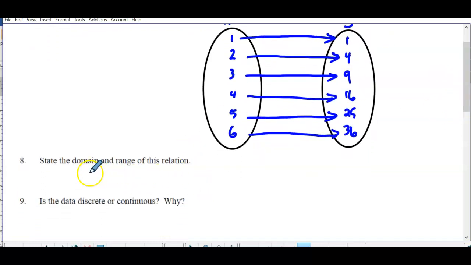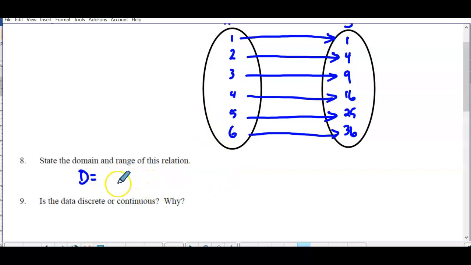Domain and range, so domain. In this case, this is going from 1 to 6. Now we could really do this forever. So in this case, we're going to do this for all sums and all consecutive numbers.